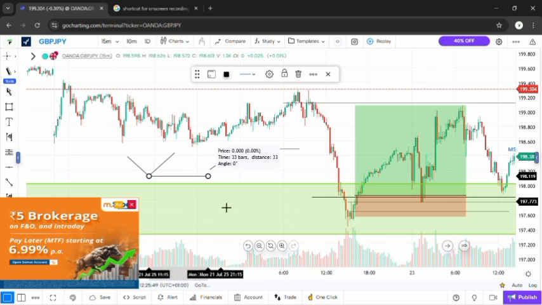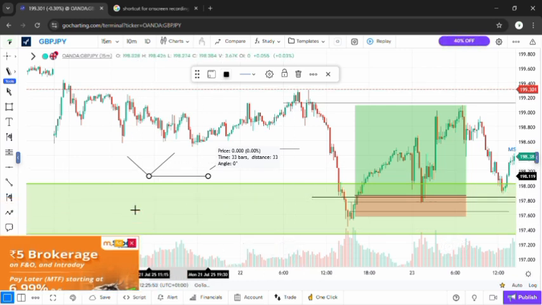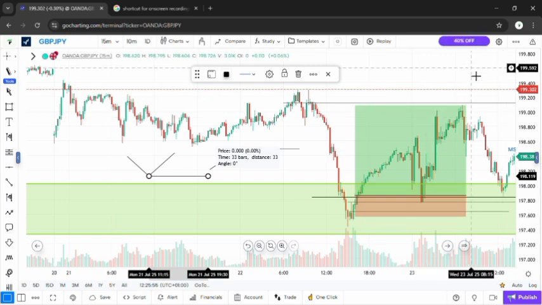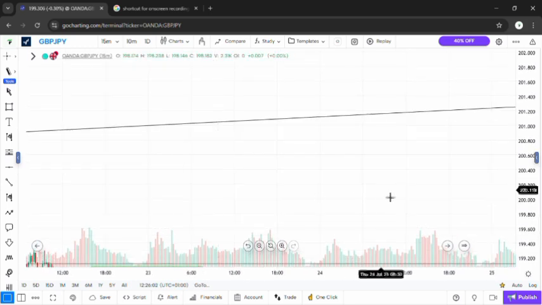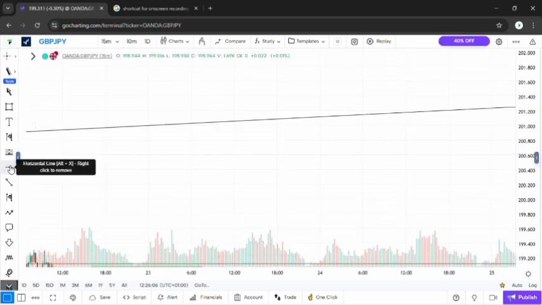Now, for the CRT, one thing you need to understand is that CRT has three pattern formation.